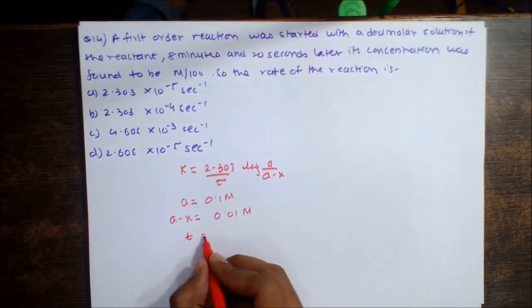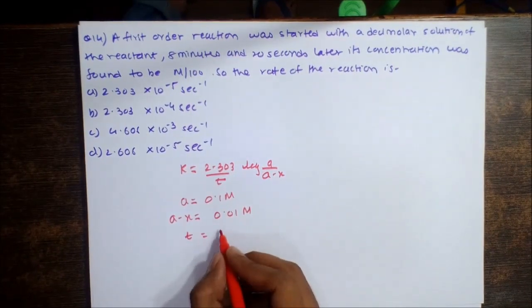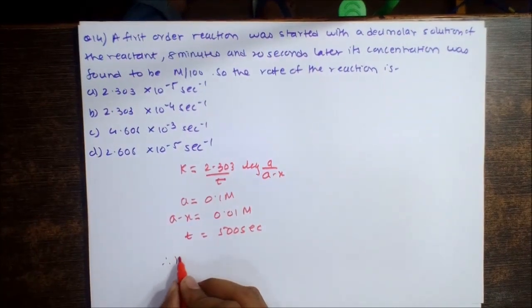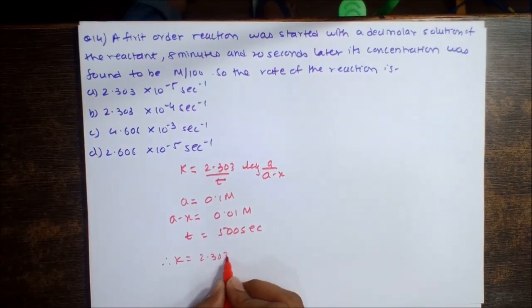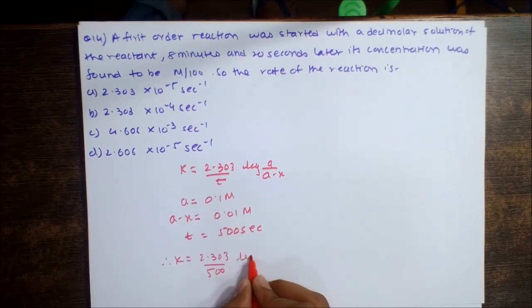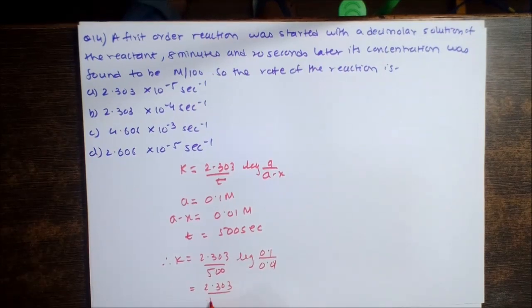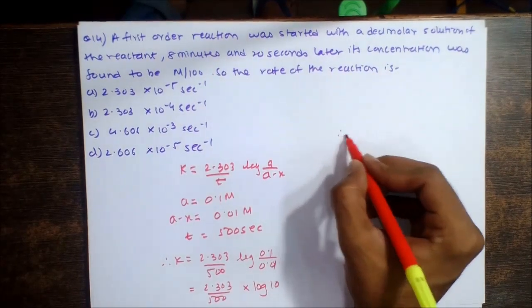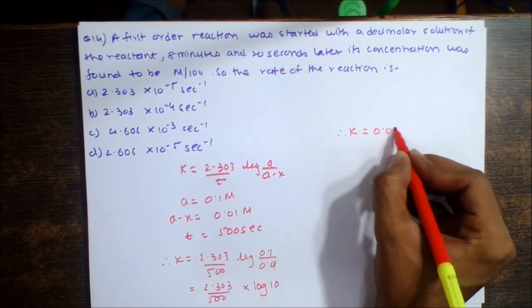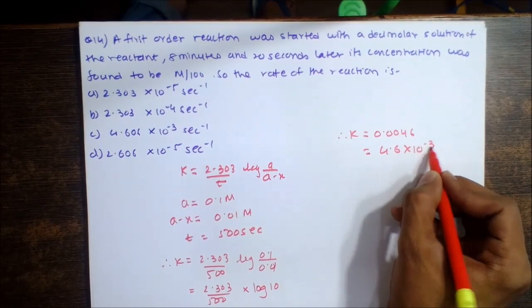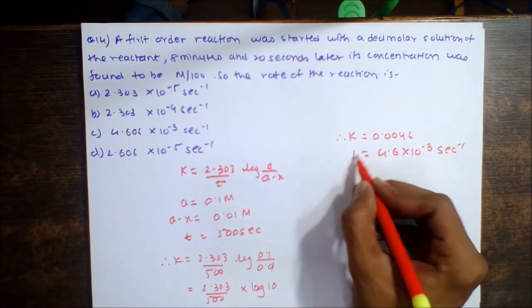Time taken is 8 minutes 20 seconds, which equals 500 seconds. Therefore, K would be equal to 2.303 upon 500 log 0.1 upon 0.01, which equals 2.303 upon 500 into log 10. Therefore, K equals 0.0046, which can be written as 4.6 into 10 raised to minus 3 per second.